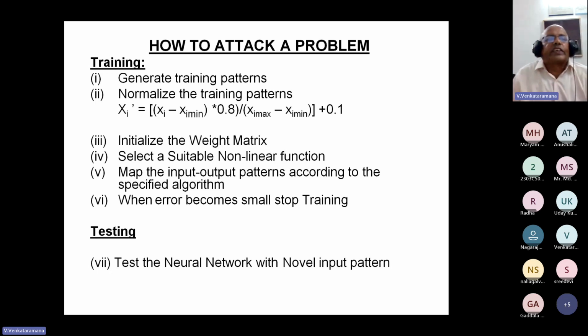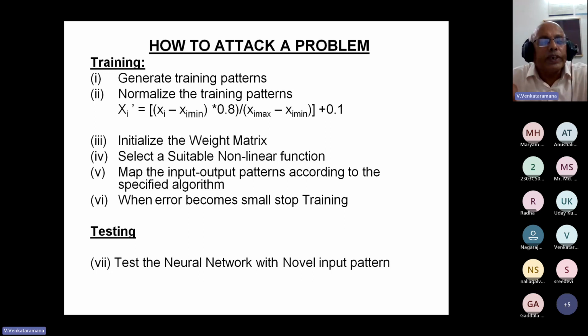That point I will stress in the next class. Out of the 100 patterns, I keep 70% aside, separate, and another 30% I keep aside separately. This 70% of the patterns I will use in the training of the neural network.